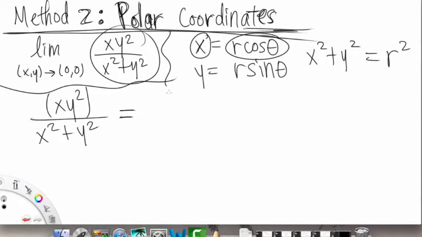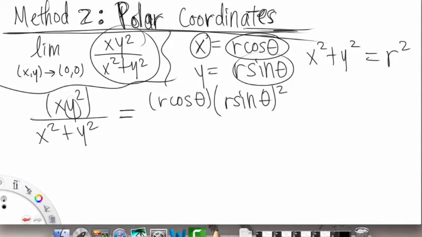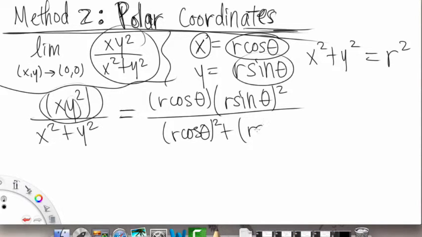So the one on the top would be r cosine theta, okay? And every y that we see would be replaced by r sine theta. So we have an r sine theta being squared because of the formula here, and this is all over an r cosine theta squared plus an r sine theta squared as well.